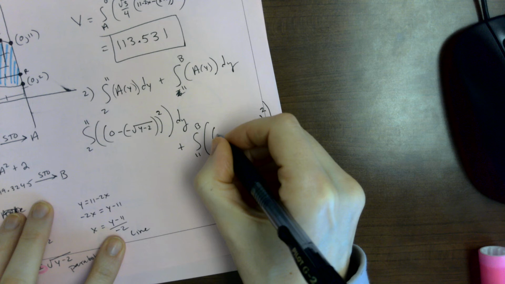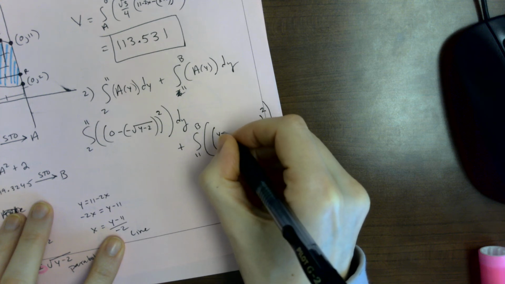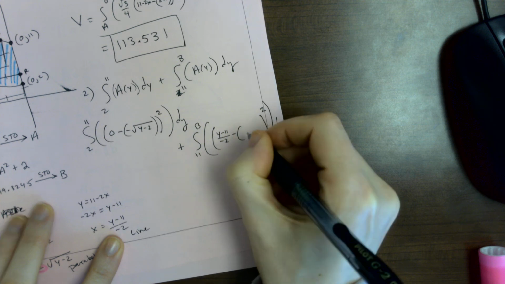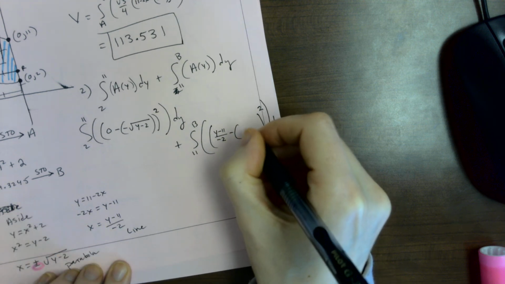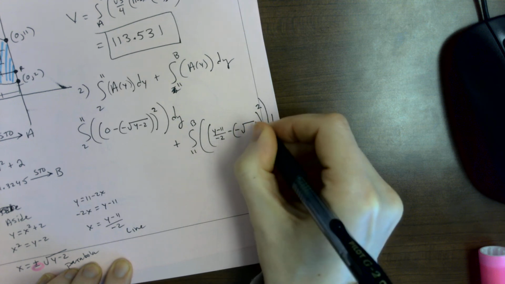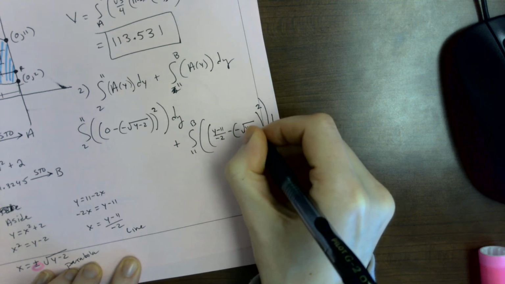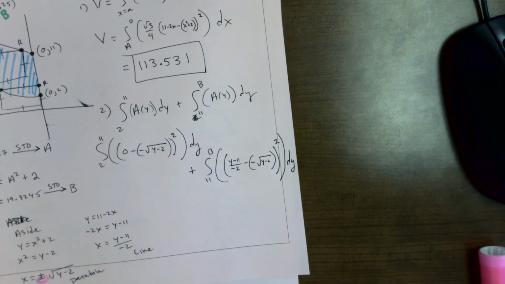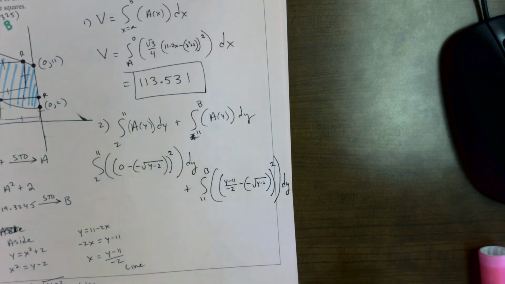So the line is y minus 11 over negative 2 minus the parabola, which is negative radical y minus 2. And you could totally simplify stuff.